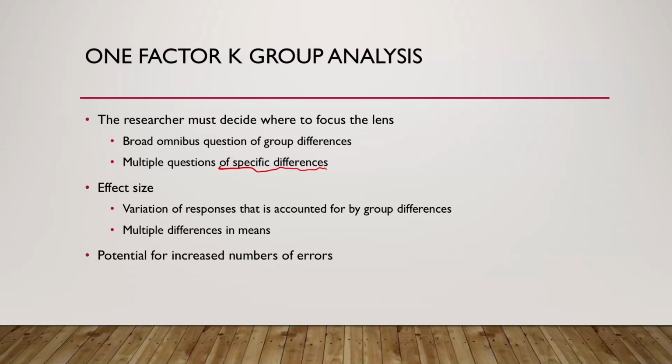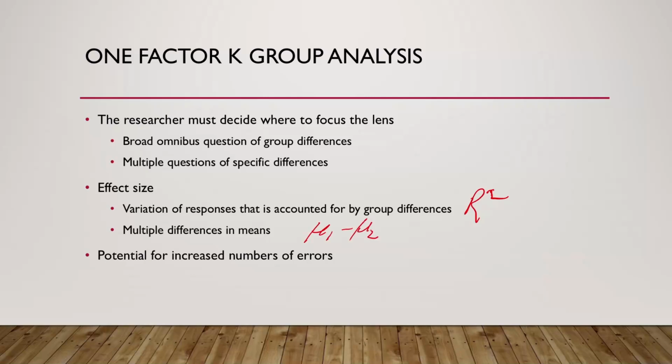Now, talking about effect size here, what do we use as our effect size measure? Well, when we looked at the omnibus hypothesis, all we looked at is how much of the variation that we could account for with our model. That is, we looked at the R squared. But if you look at specific differences, what you can look at are the multiple differences in means. So you can look at the mean of group 1 minus the mean of group 2.